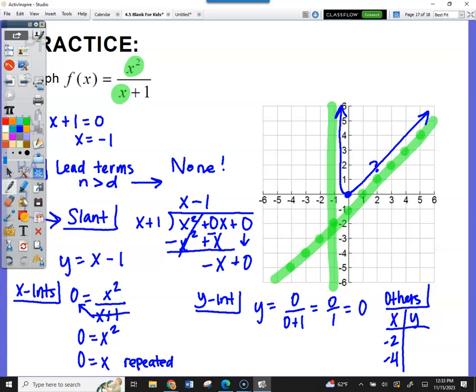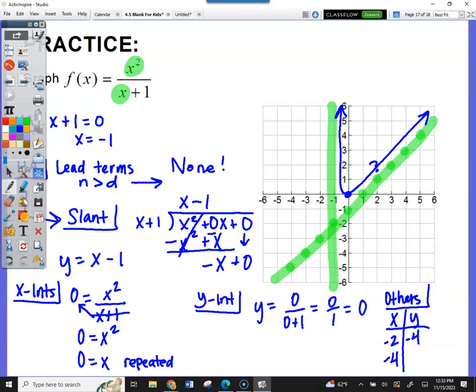All right. When you plug -2 in, can you tell me what you get? When you plug -4 in, can you tell me what you get? Is it -8? -4 squared would be 16.